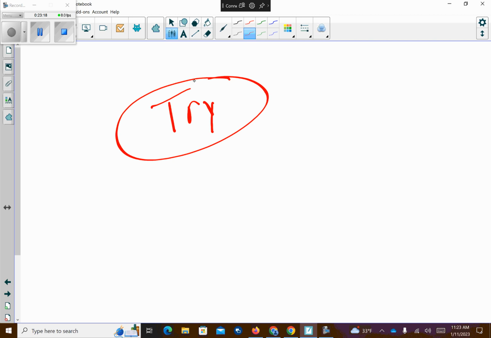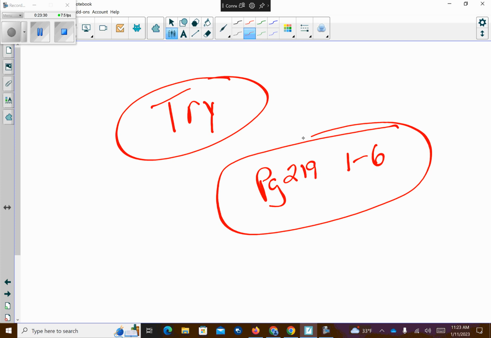Try doesn't mean you come here and it's blank. Okay? I want us to look at page 219. I would like you to try 1 through 6. Do the best you can on it. If you're not sure of it, make it kind of light so if you need to, you can make corrections tomorrow when we go over it. But that's what we have for you, okay?